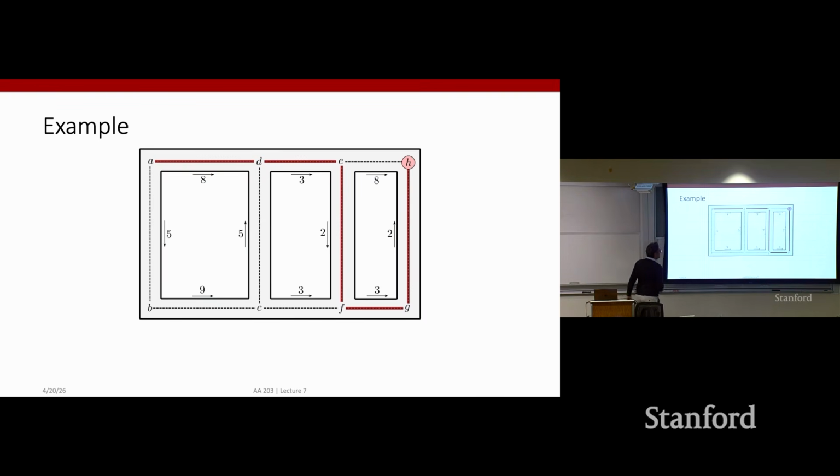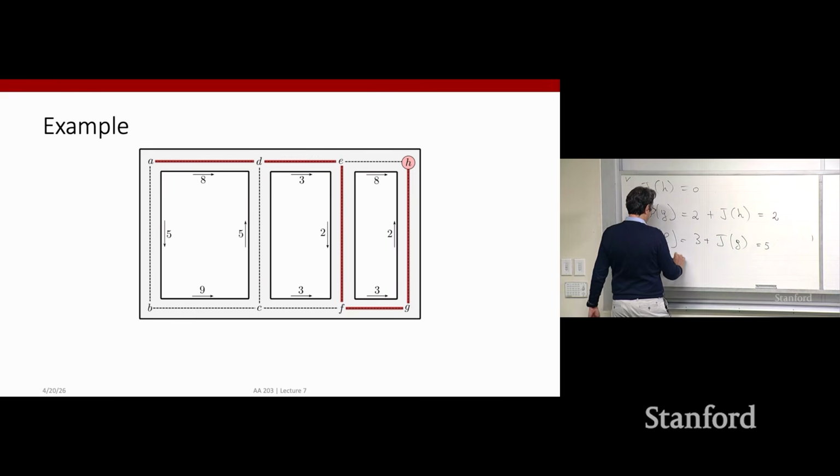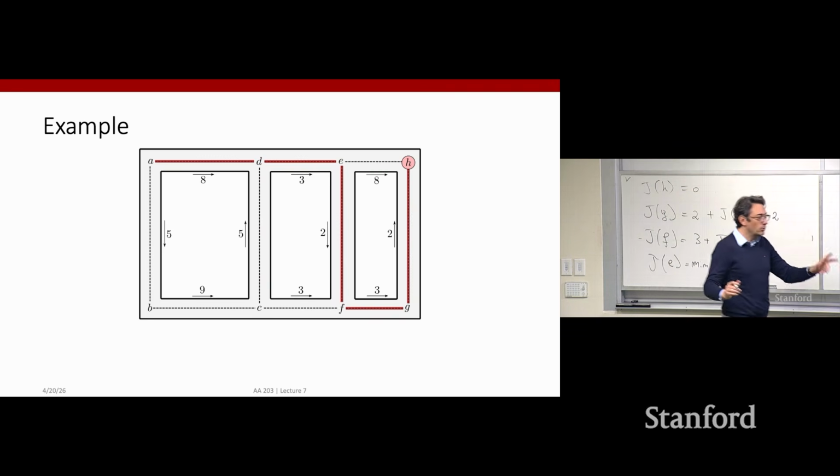So now we have J of E. E is a kind of interesting case because we have two options. Remember the more abstract figure that I had before? I have two options.